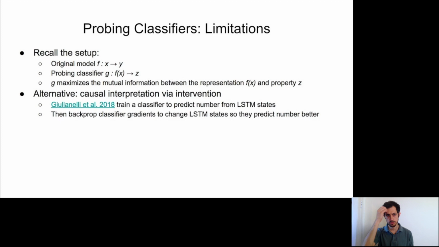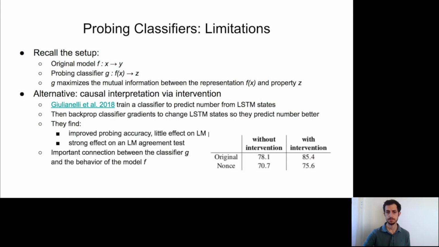In this nice work by Giulianelli, they actually link the idea of a probing classifier to the causal intervention. First, they train a classifier to predict noun number from LSTM states, and then they take this probing classifier and backprop from that back into the model, in a way that should change the LSTM such that the LSTM predicts number better.